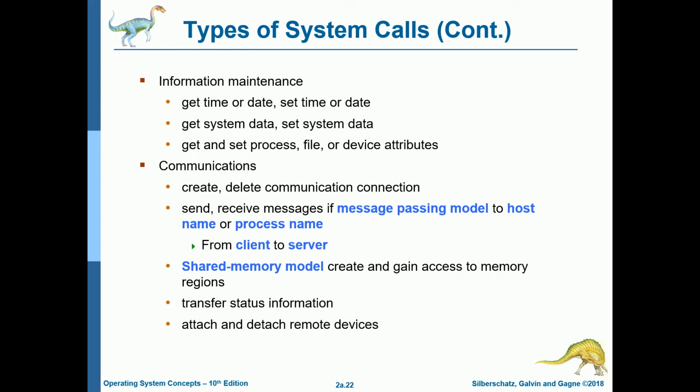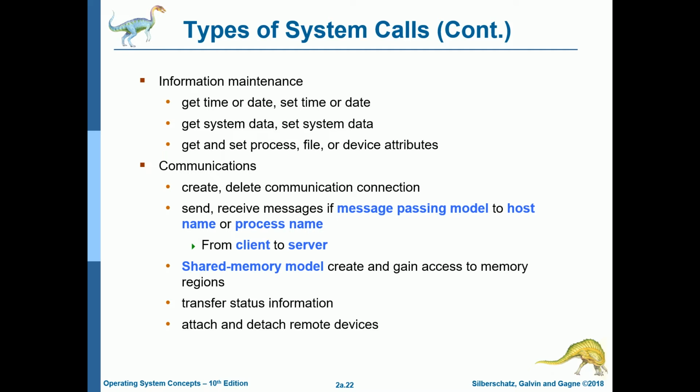Another class of system calls is information maintenance. So getting the time or date, setting the time or date, getting the system's data and setting the system's data, get and set the process, file, or device attributes. Communication: being able to create and delete communication connections, send and receive messages if you have a message passing model.